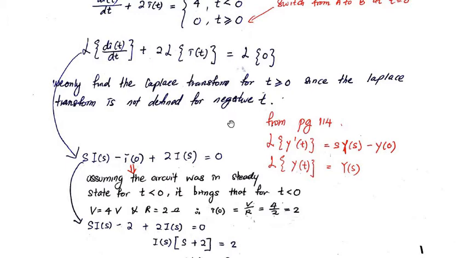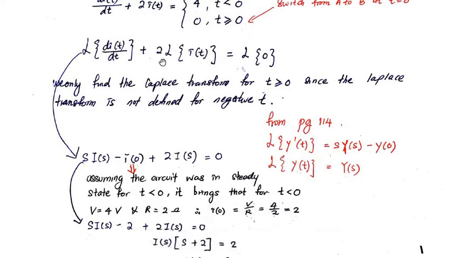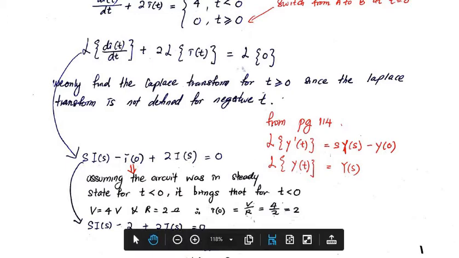From page 114, you have the formula for differentiation: the Laplace transform of y prime(t) is sY(s) minus y(0), and the Laplace transform of y(t) is Y(s). So the Laplace transform of i prime(t) is sI(s) minus I(0), plus 2I(s), equal to 0. The Laplace transform of 0 is 0.